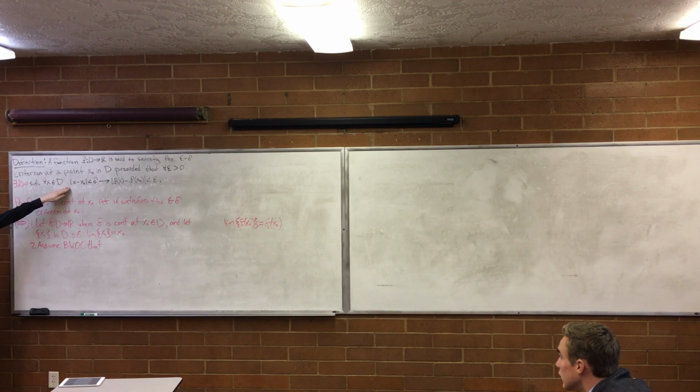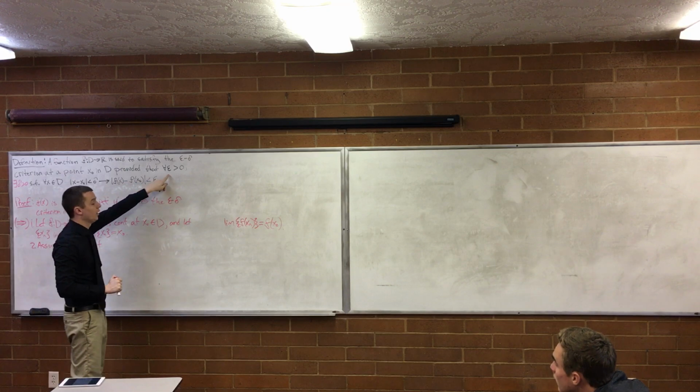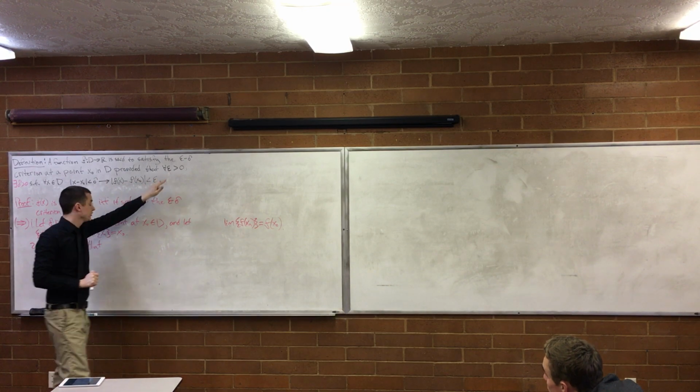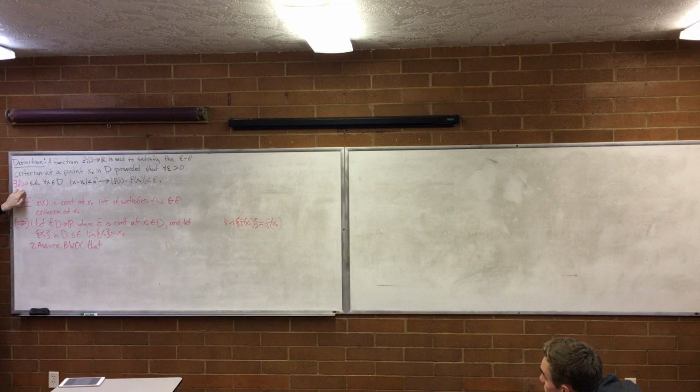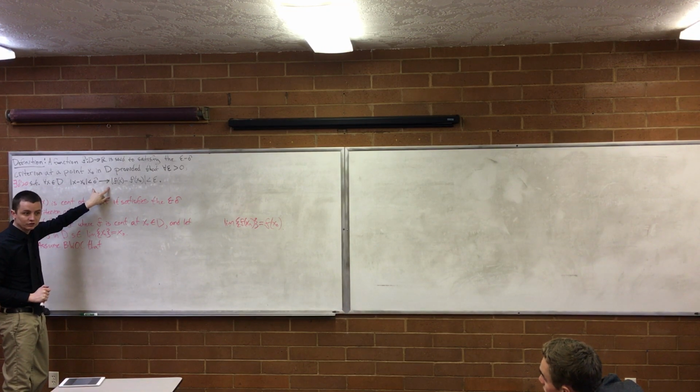If you have a delta, that is, x minus x naught is greater than delta. So the contradiction of this is that there is some epsilon such that for any delta you choose, this is never true. That's the contradiction of this.